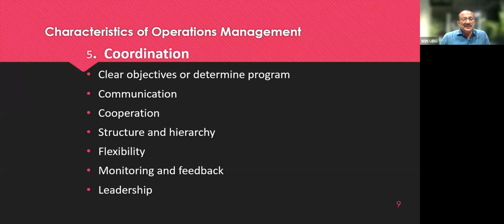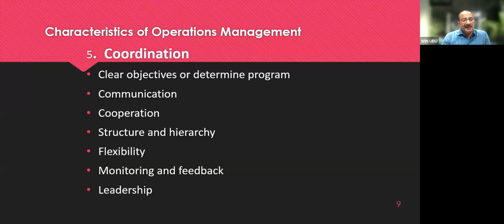And cooperation in the sense of syncing with all the departments, all the individuals and all the required aspects, or even vendors or anybody in the organization, to get the work done operationally. So we said an example of a car manufacturing company. Such companies might have 15 or 20 departments, so they have to coordinate all of them.